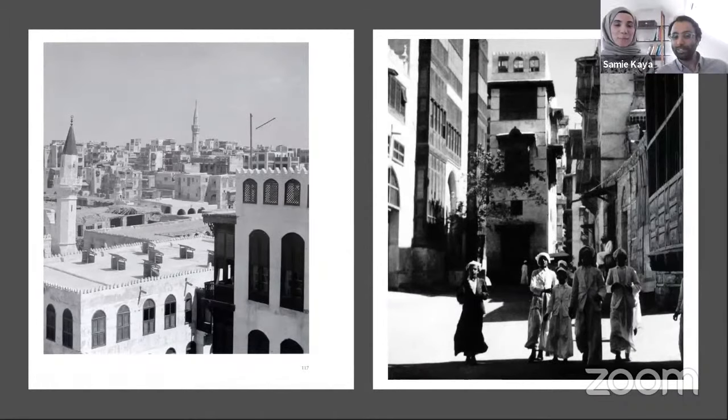These photos that I have now on the screen are actually from Saudi Arabia, from the city of Mecca. Everybody must know Mecca. These are old photos of Mecca and Jeddah. The one on the right, I believe, is from Jeddah. Yes, exactly, Sharif, the one on the right is the old town in Jeddah.